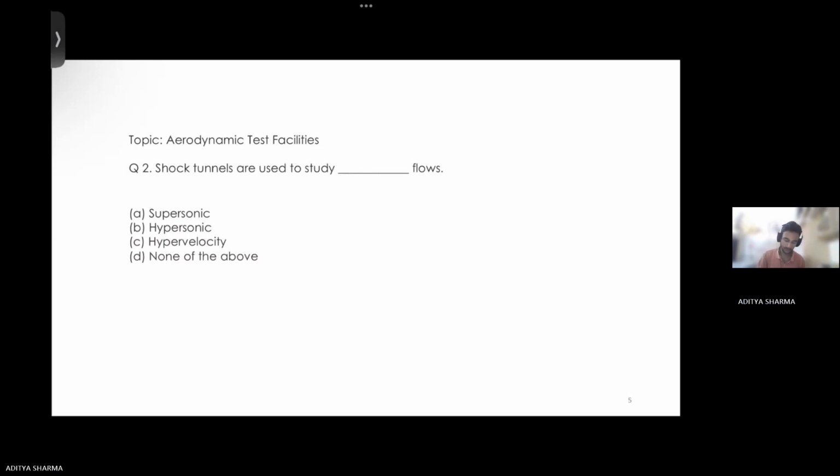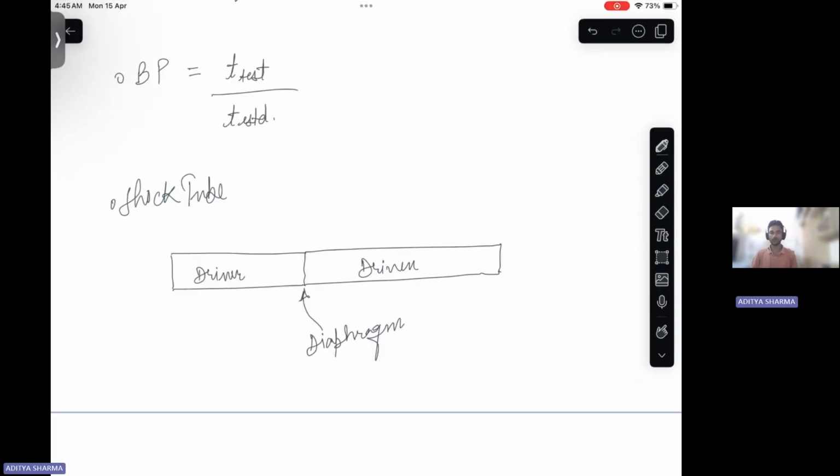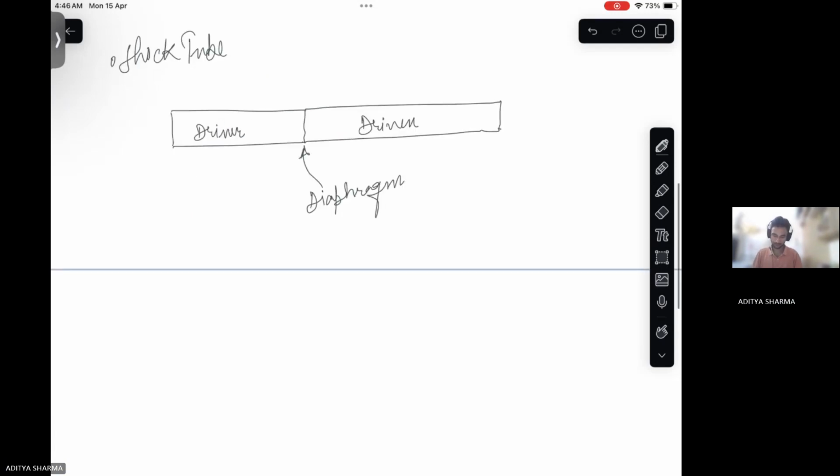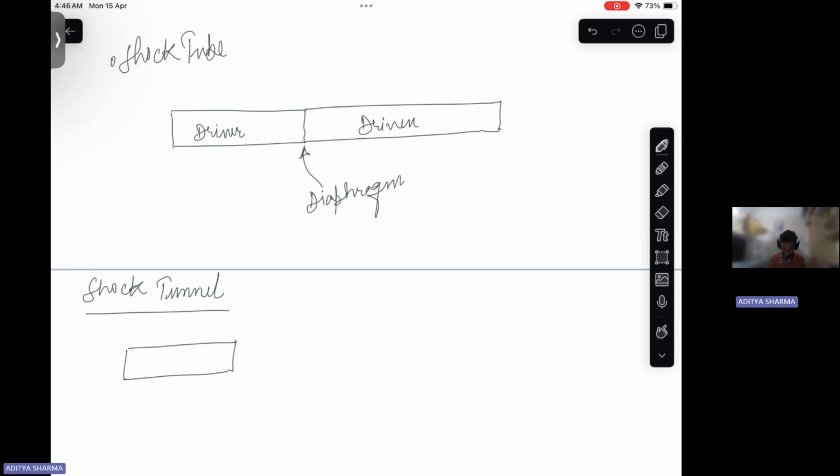So if you see a shock tunnel, I'm just drawing a schematic of the shock tunnel.